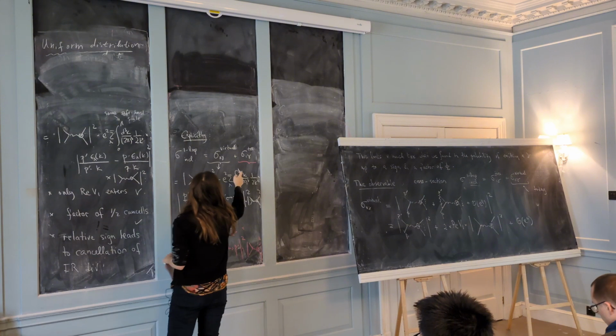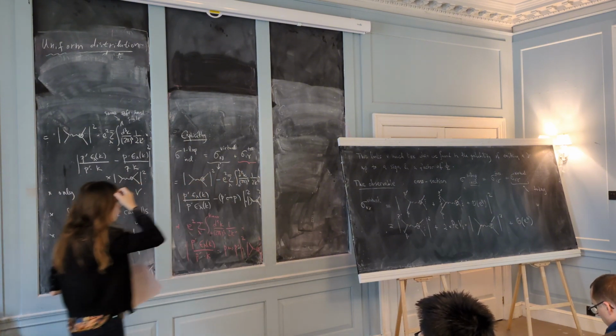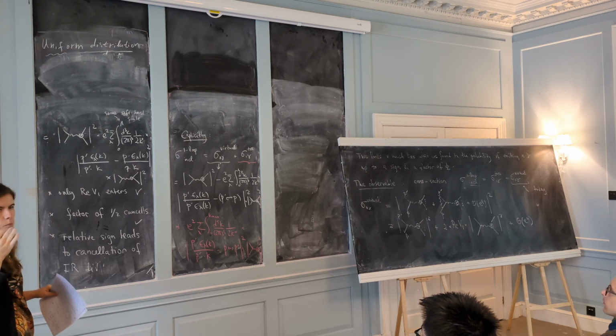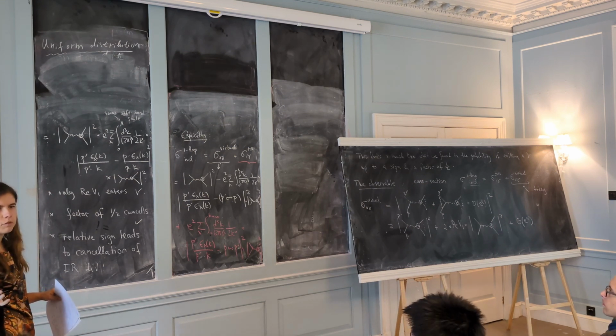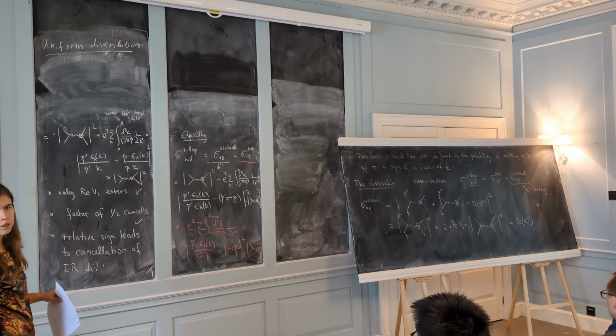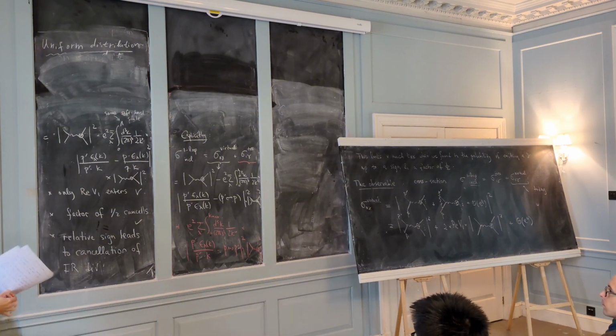Ah, here. So that cutoff, no, it's not the UV cutoff. It's a relatively small scale. When you use this so-called method of regions, you can isolate the IR, the low energy part of a diagram, from the high energy part of a diagram. And it's the scale that allows you to do that.